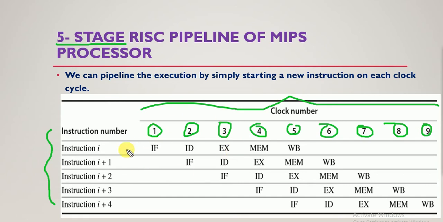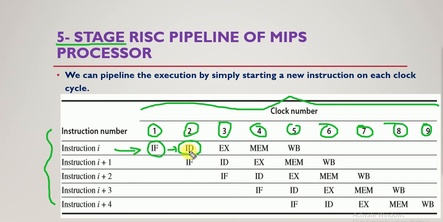So what is happening in the first stage, just have a look here. Instruction I arrives and goes for instruction fetch. At that time no other instructions are currently available. In the first clock cycle, instruction I performs instruction fetch, then it goes for instruction decode in the second clock cycle.